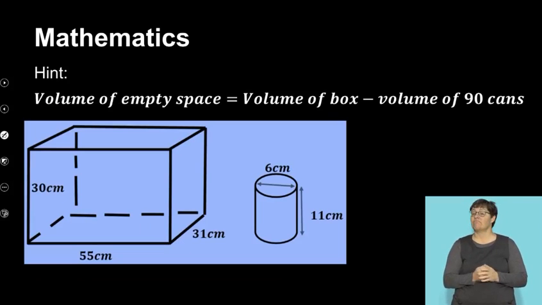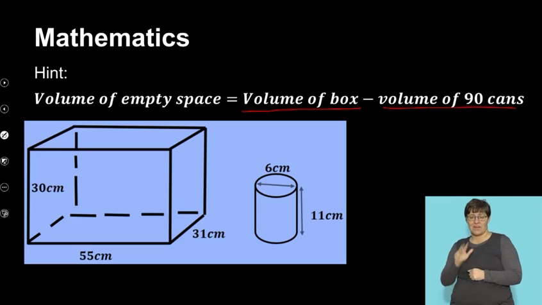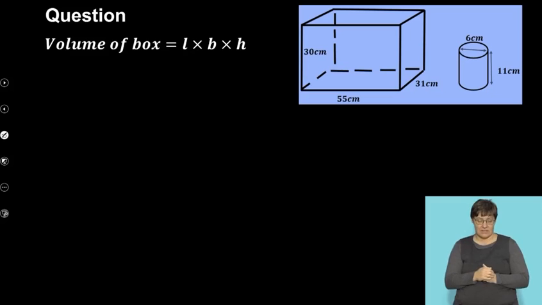So we've said that the volume of the empty space is going to be found by first finding the volume of the box, then subtracting the volume of the 90 cans. So firstly, we have to see what the volume of the box is. I know that the volume of a rectangular prism is always the area of the base multiplied by the perpendicular height.